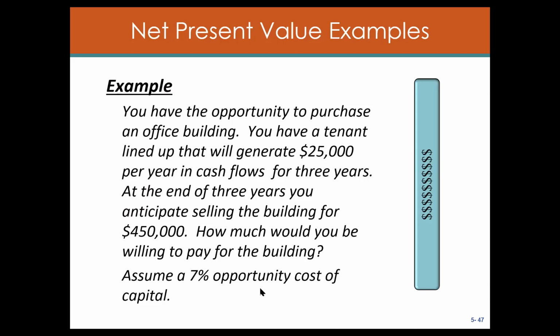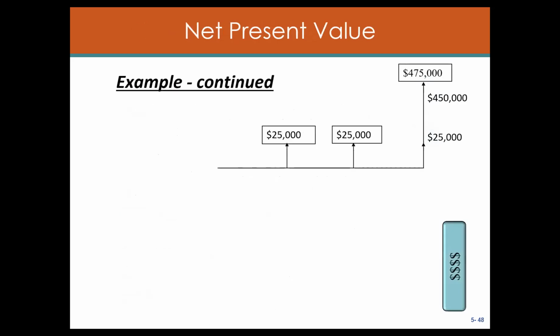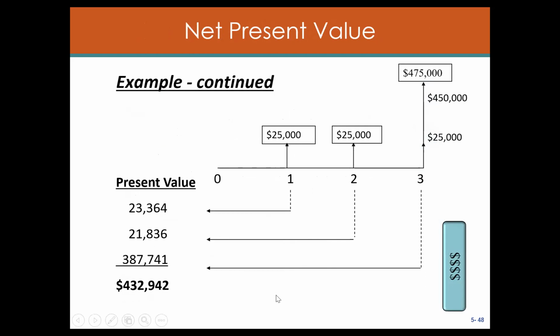Okay, so there we go. We put it in a picture form. So I'm getting $475,000 over here at the end of year 3. The $450,000 is the resale value plus $25,000 is the rent. So rent plus selling price 450 is 475.